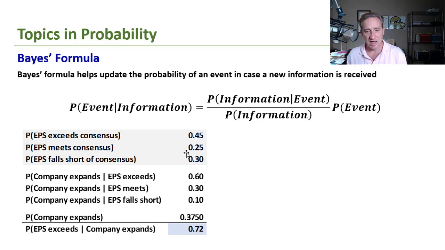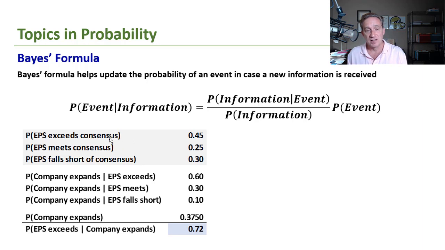And so an application would be this sort of problem where we have a set of assumptions. We have basically two sorts of variables. A company's quarterly earnings per share either exceeds, meets, or falls short of the consensus. And notice we might be given three probabilities here, and these are unconditional probabilities. They're not conditional on the other variable, which is the company expanding or not.